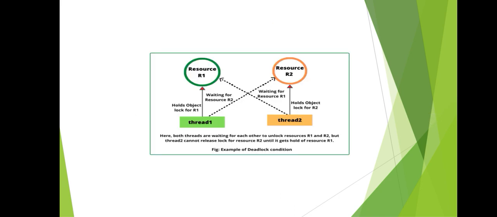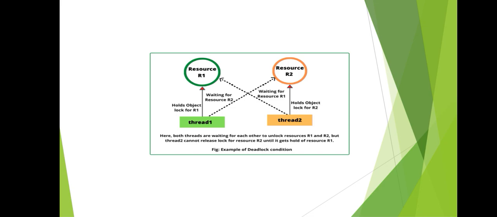Here I have kept a picture. Let's understand the picture. I have told you what threads are. Threads are nothing but lightweight processes. They also come under processes. Thread 1 is holding resource 1. Thread 2 is holding resource 2. Thread 1 holds the object lock for R1 and is waiting for resource 2.